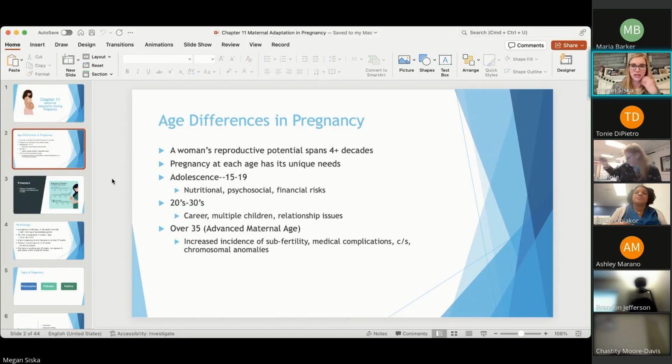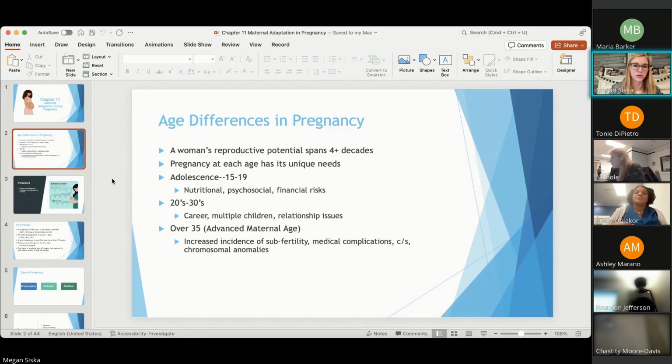So if we think of an adolescent pregnancy, there might be some additional nutritional needs, psychosocial, financial concerns. In our 20s and 30s, maybe it's more concerns with juggling that career, or if you're in school, having other children as well, maybe some relationship issues.